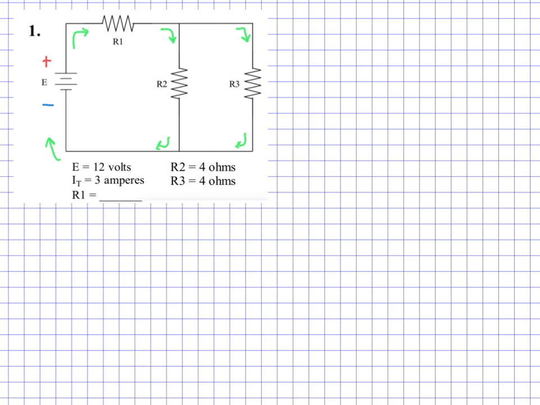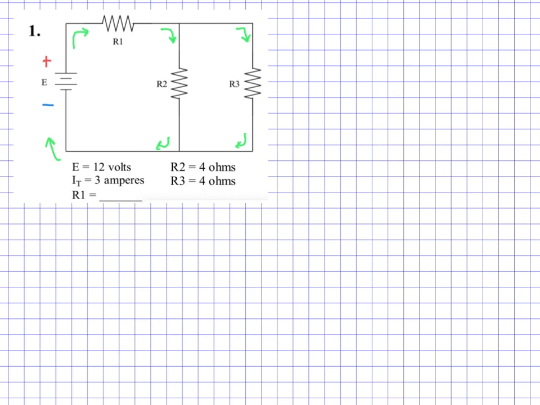So the first thing I want to focus on, that's probably the most important, is let's take a look at our parallel side. So we're going to focus on this R2 and this R3.